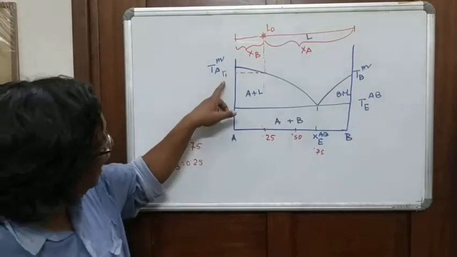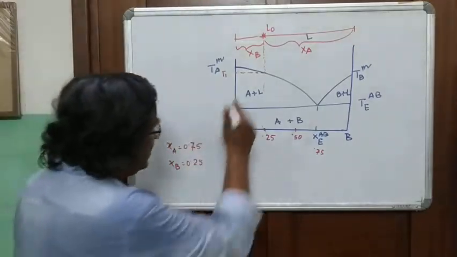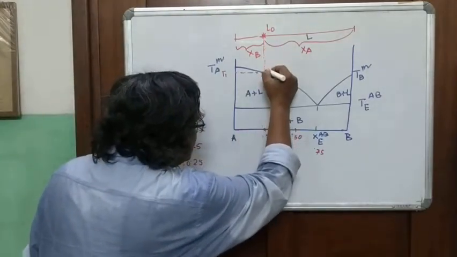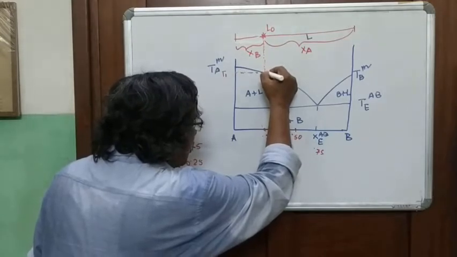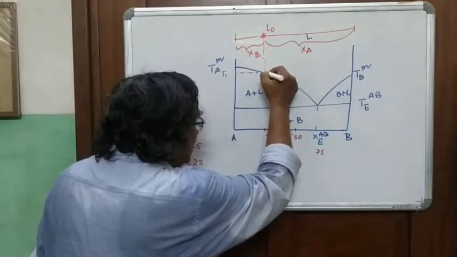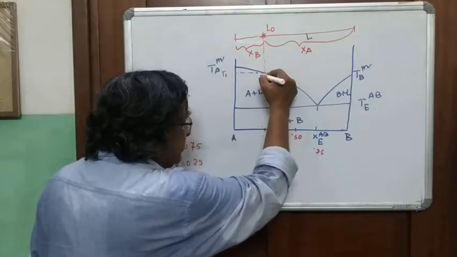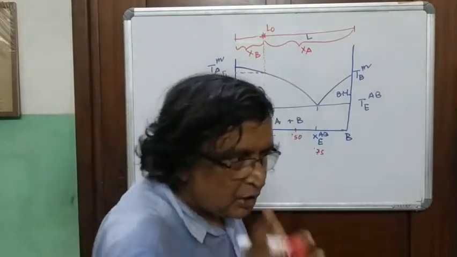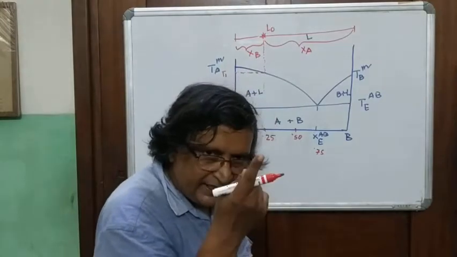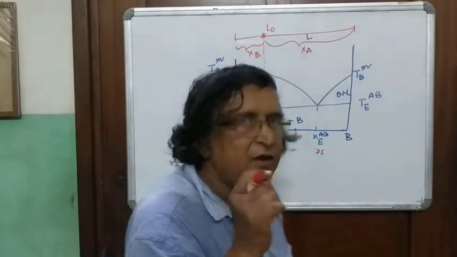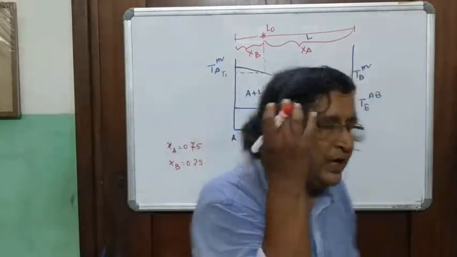This is T1, where the melt is now coinciding with the liquidus of A. So here A and the liquid are in equilibrium. If A and liquid are in equilibrium, then where is A now?